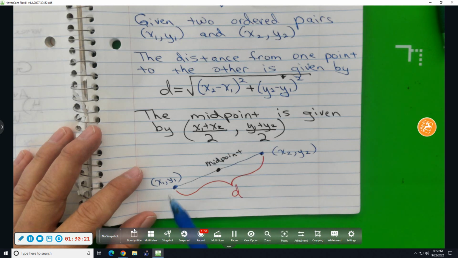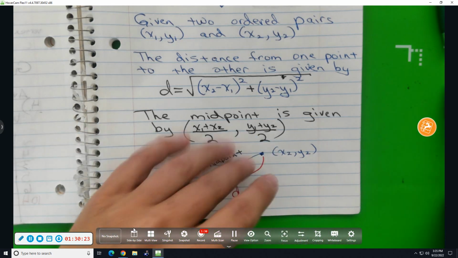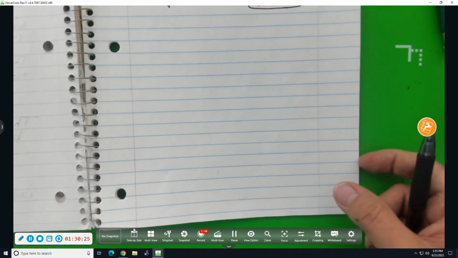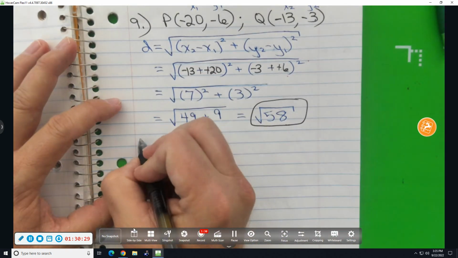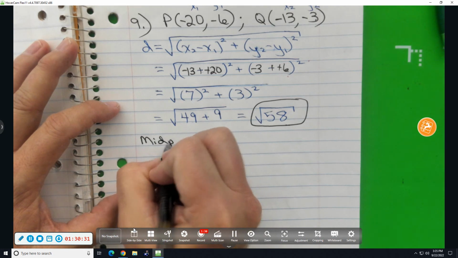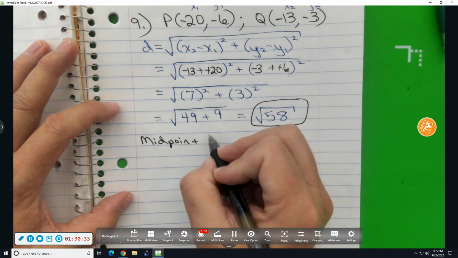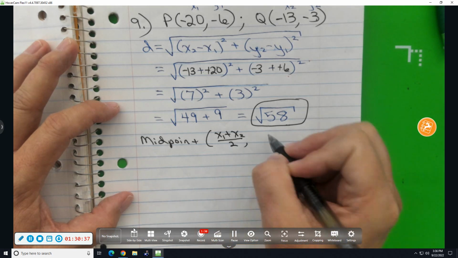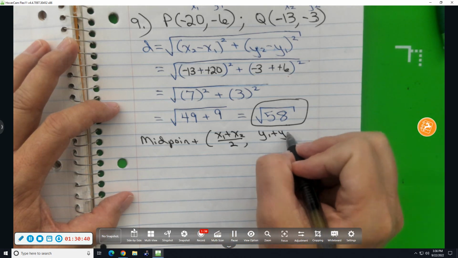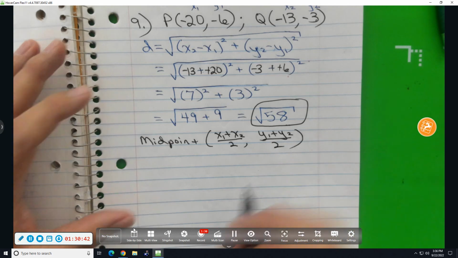Add them up, divide by 2, add them up, divide by 2. So for the midpoint, you're adding the x coordinates, dividing by 2, adding the y coordinates, divide by 2.